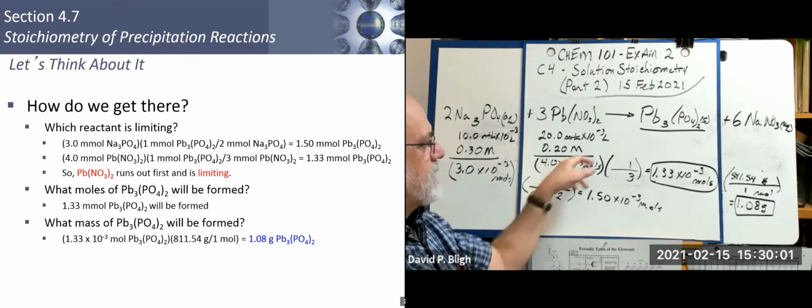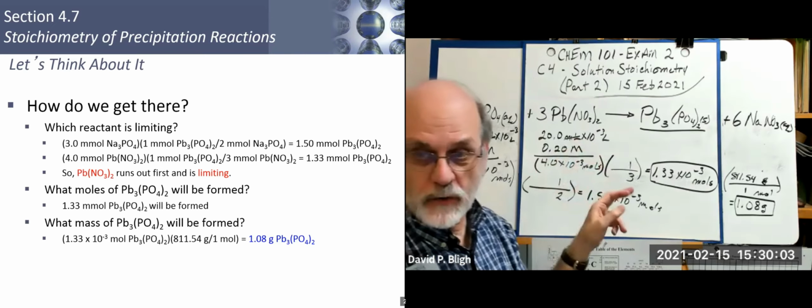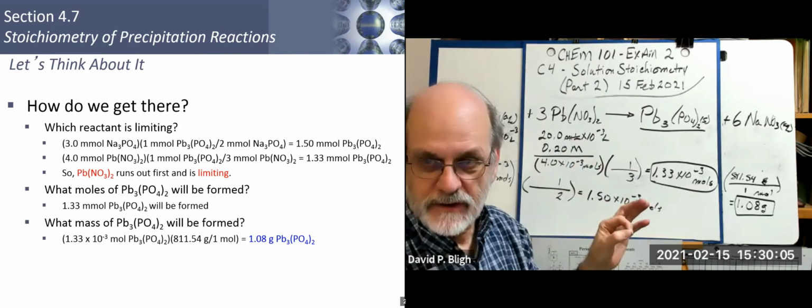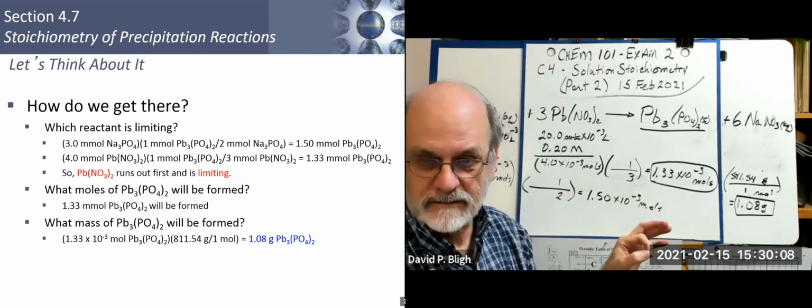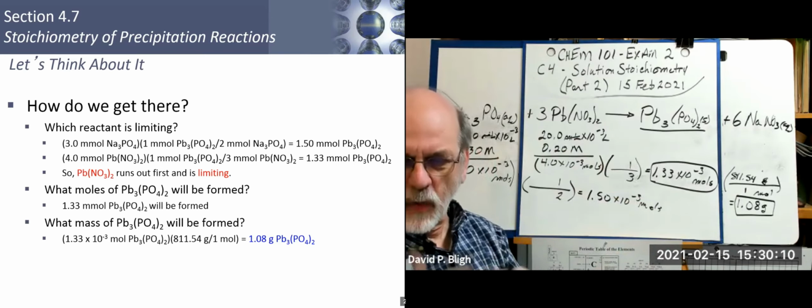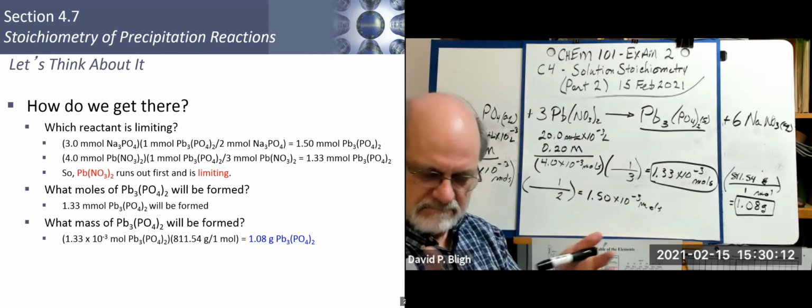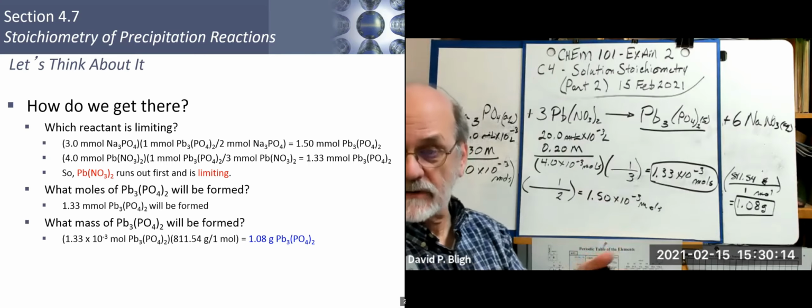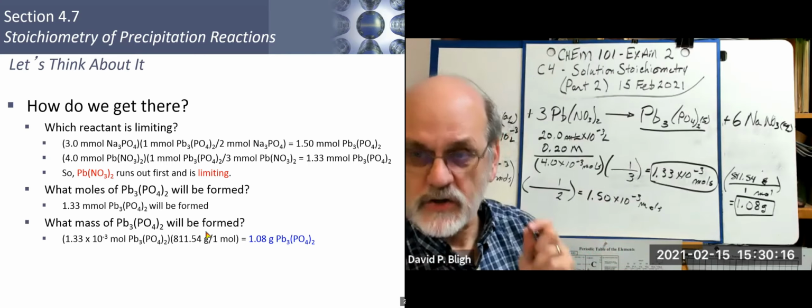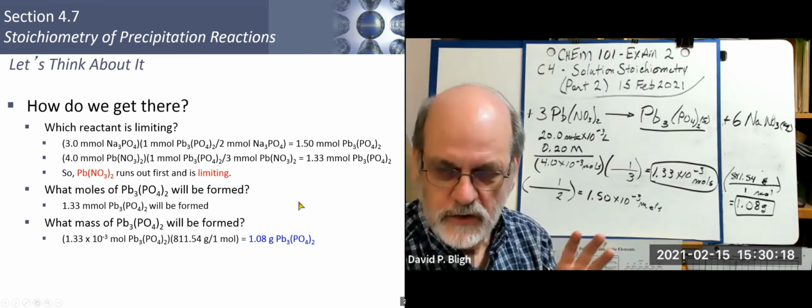And if you divide millimoles by milliliters, you get molarity. So that's just a way of skipping steps, as long as you keep track and know what you're doing.